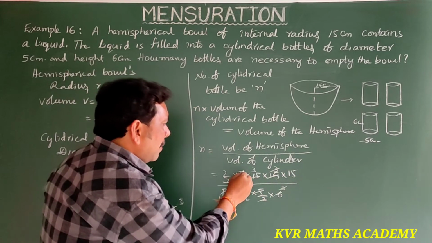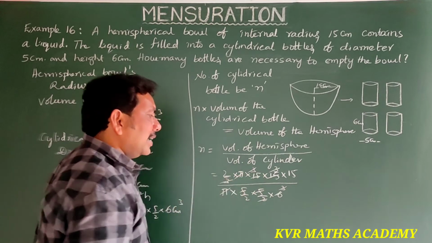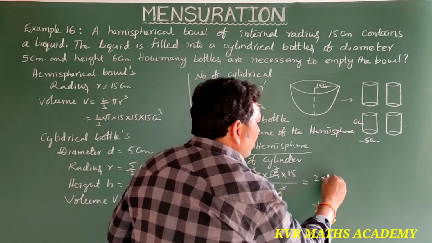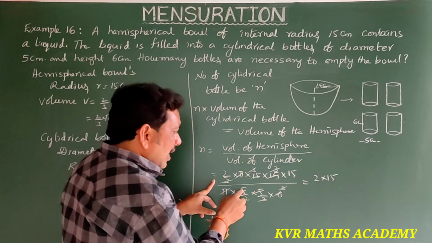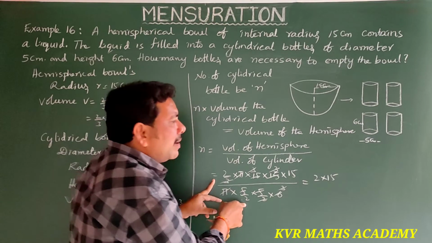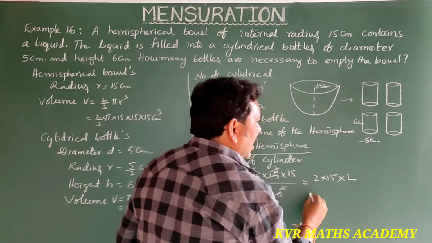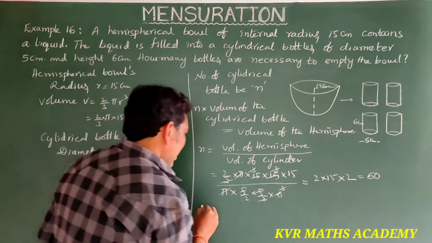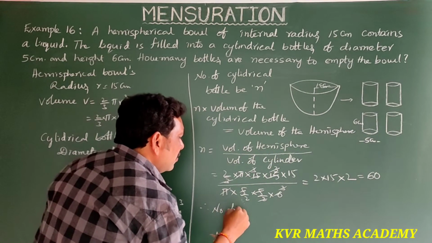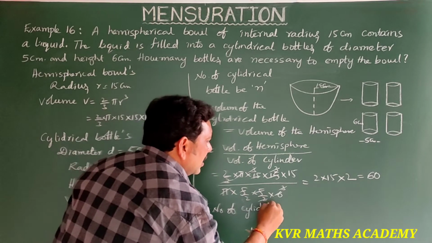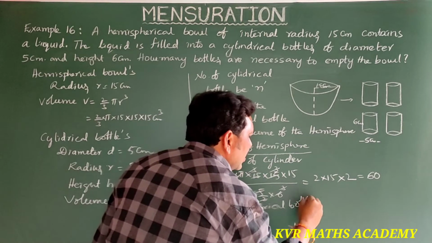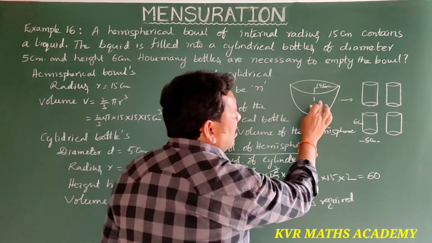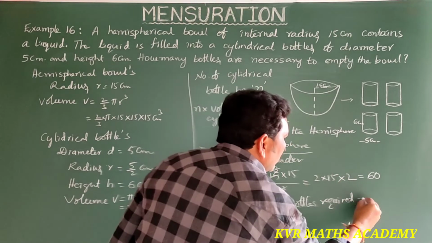On both sides pi gets cancelled. What is the remaining part? 2 into 15 in the numerator, and the denominator's 2 comes to the numerator. So that is 15 2s are 30, 30 2s are 60. Therefore, the number of cylindrical bottles required to empty this bowl is 60.